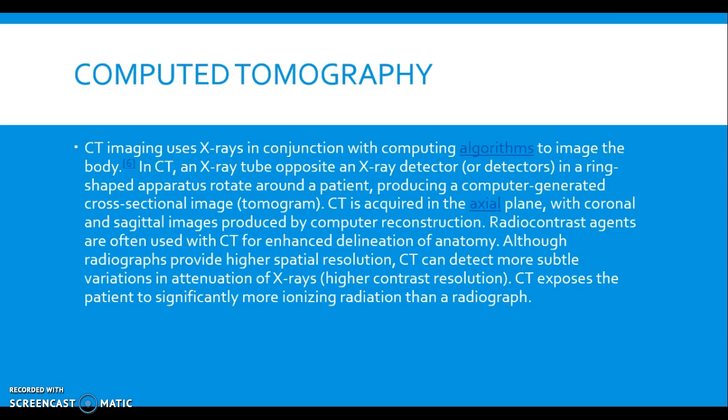The second modality is computed tomography, also known as CAT scan. It is a radiation using modality. It is X-rays in conjunction with computing algorithms to image the body. In CT, an X-ray tube opposite the detectors are in a ring shape, and the apparatus rotates around the patient, producing a computer-generated cross-sectional image.